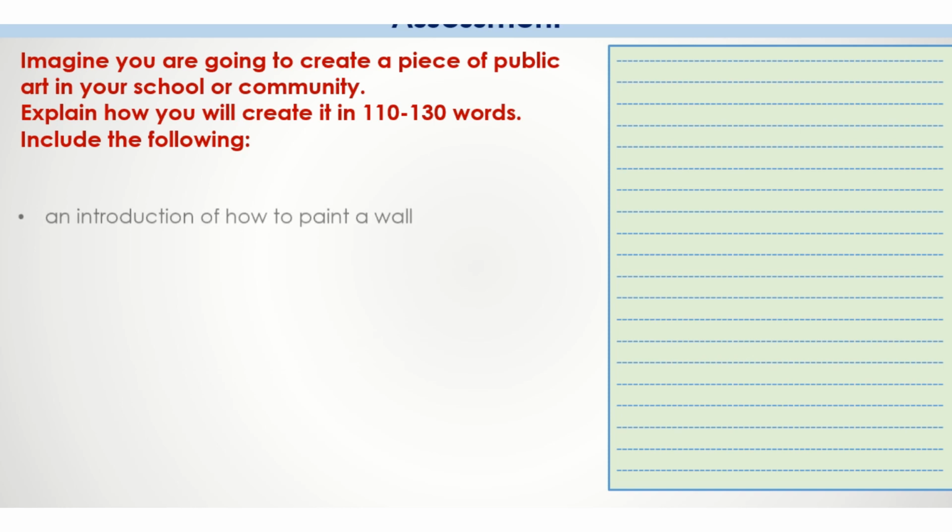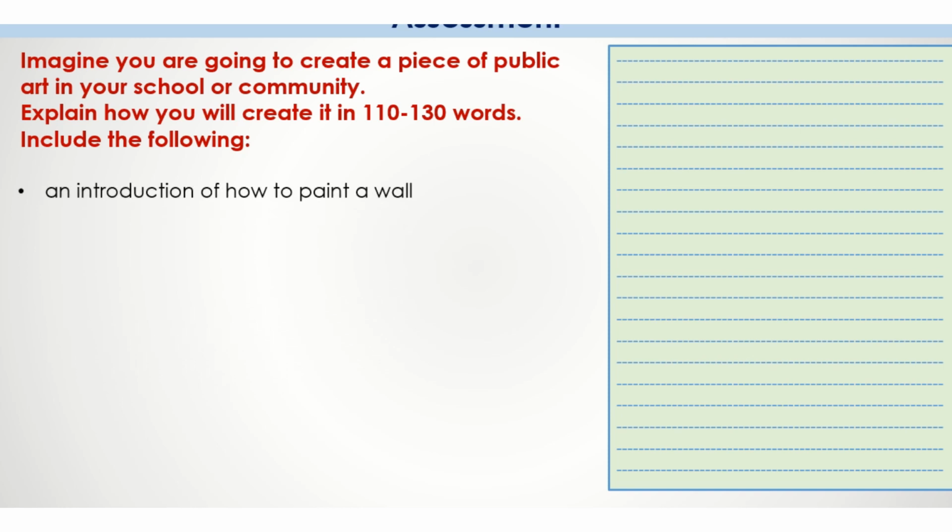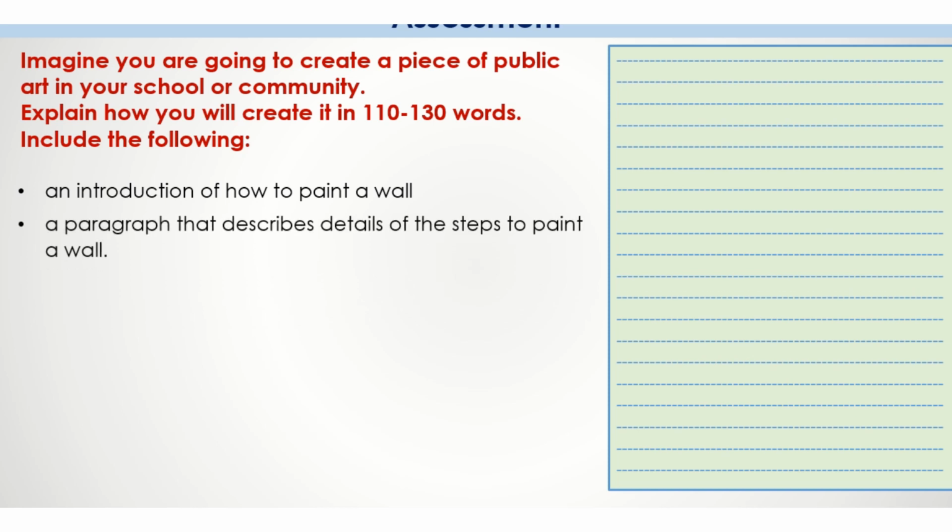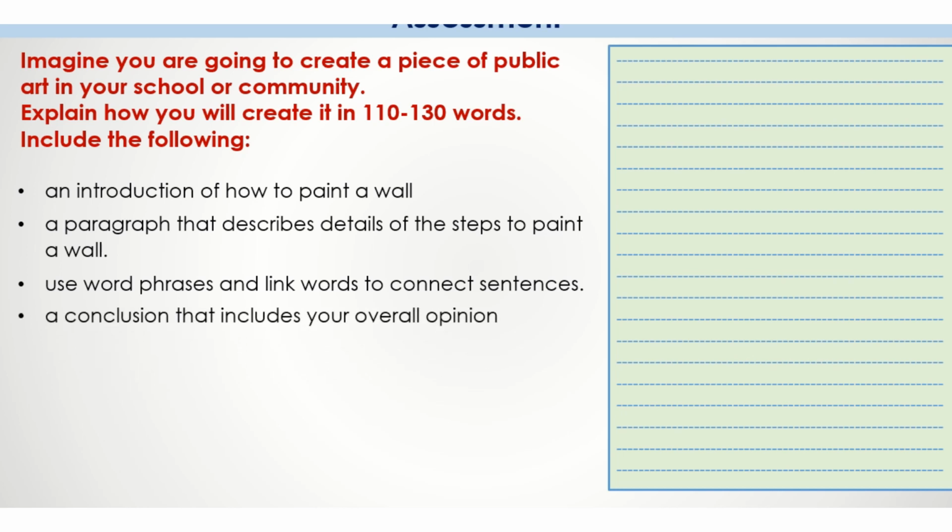Include the following: introduction of how to paint a wall, a paragraph that describes details of the steps to paint a wall, use word phrases and link words to connect the sentences. Conclusion that includes your overall opinion.